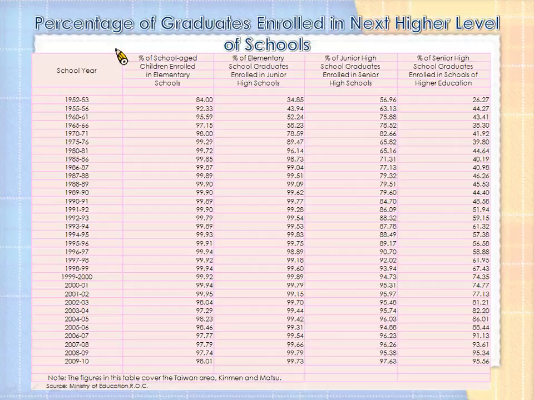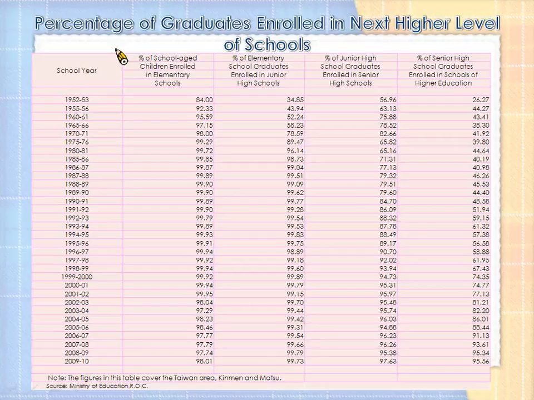But in junior high school, it was not until the implementation of 9-year compulsory education that we reached almost 100% again. Before that, we only had 35% in the early 50s, and in the early 60s, only about 50%.